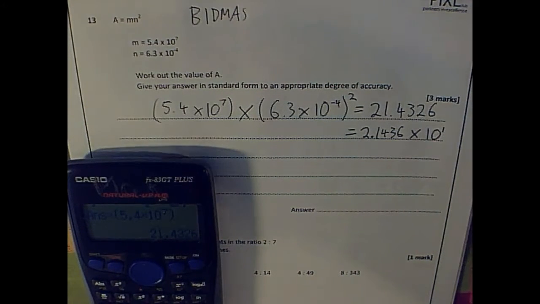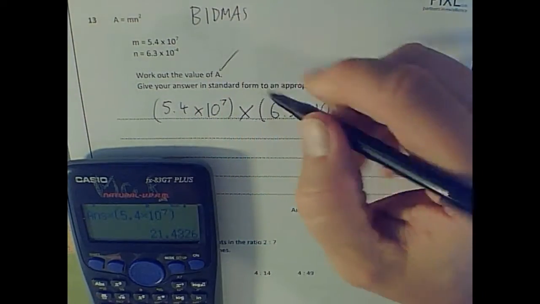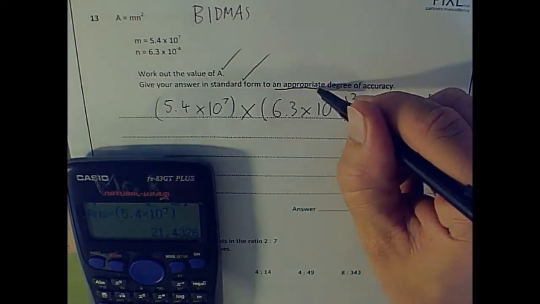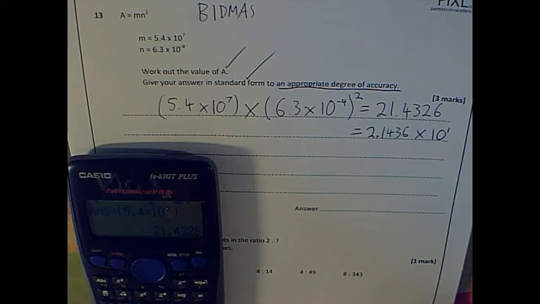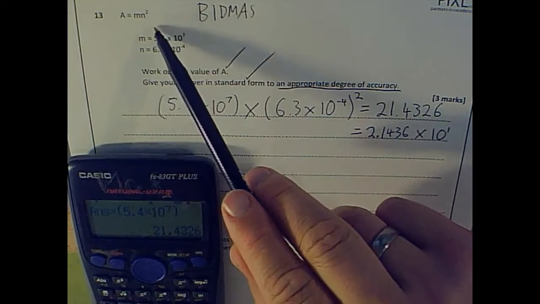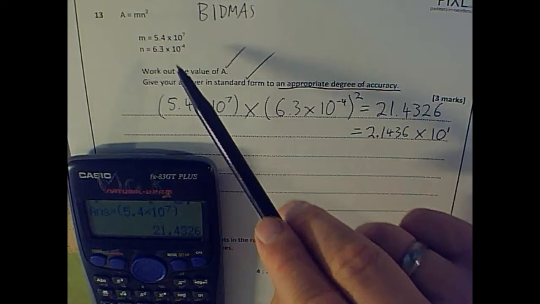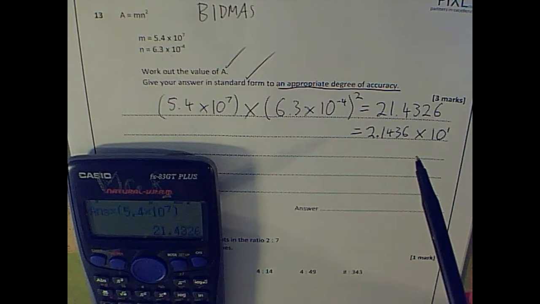Now, I'm not quite finished. I've worked out the value of A and put it in standard form, but it also says an appropriate degree of accuracy. In the question, these were given to 1 decimal place. So an appropriate degree of accuracy here would also be 1 decimal place.